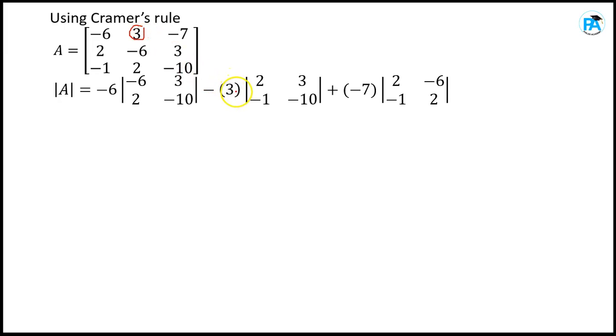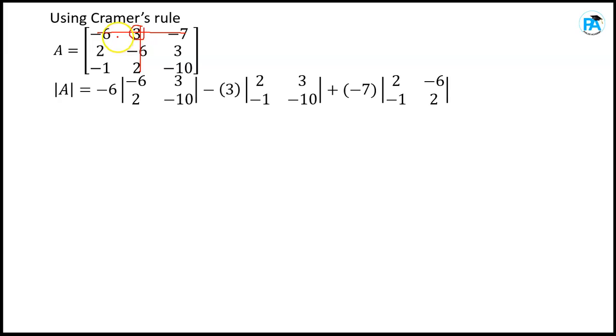Okay, 3, as you can see, times, are you with me, the determinant of its minor. So to get this person's minor, you cancel all those that are on the same line with that 3, vertically and horizontally.